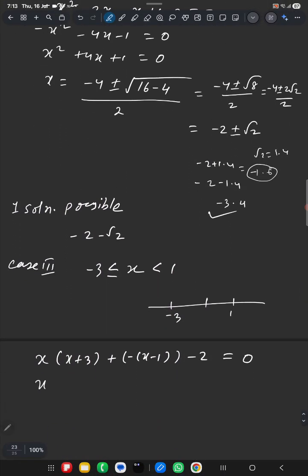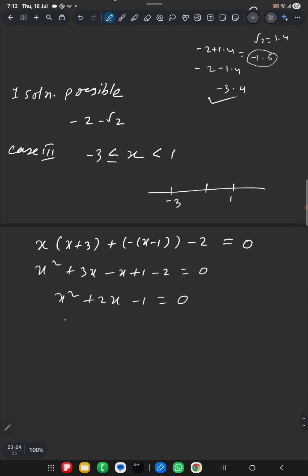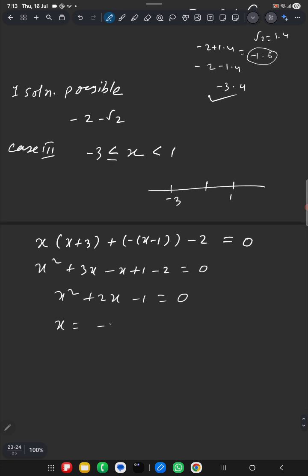Now we will solve. x square plus 3x minus x plus 1 minus 2 equal to 0. So x square plus 2x minus 1 equal to 0. Again the same quadratic formula: minus 2 plus minus root of b square minus 4ac, which is 4 plus 4, so root 8, which is 2 root 2, over 2.